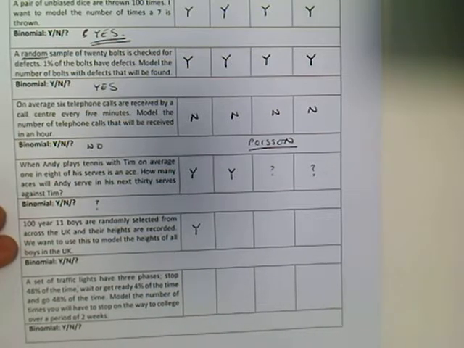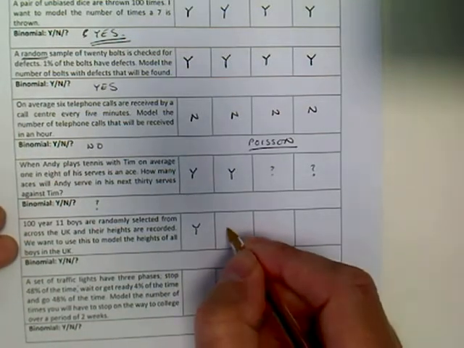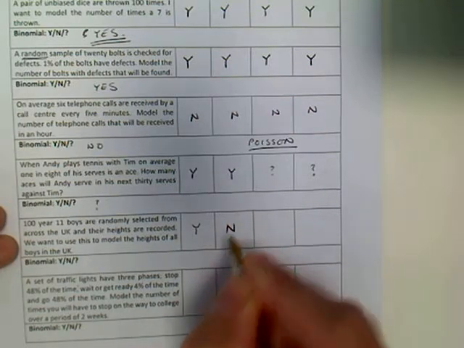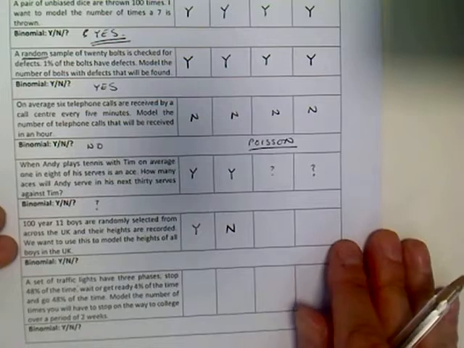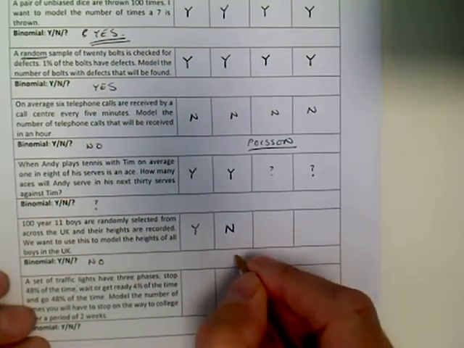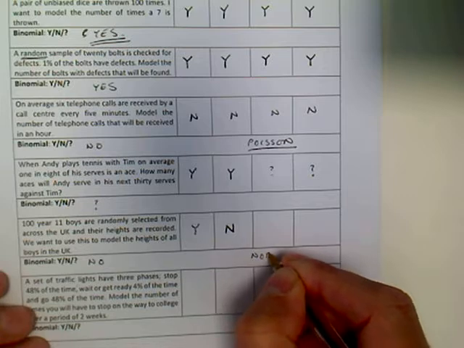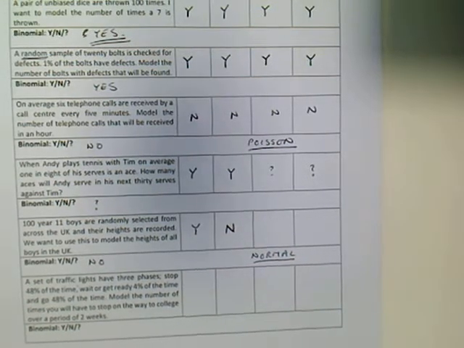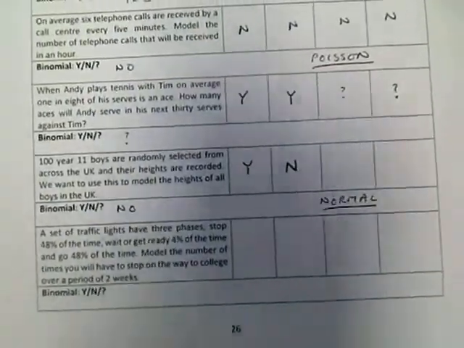We're measuring a continuous variable, which is their height. So I don't need to go any further. It's just not binomial. In fact, this would be more appropriate for a normal distribution.